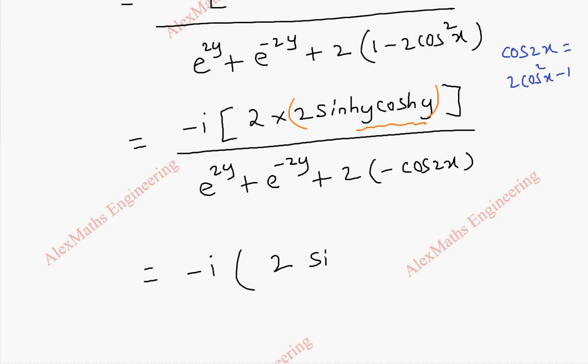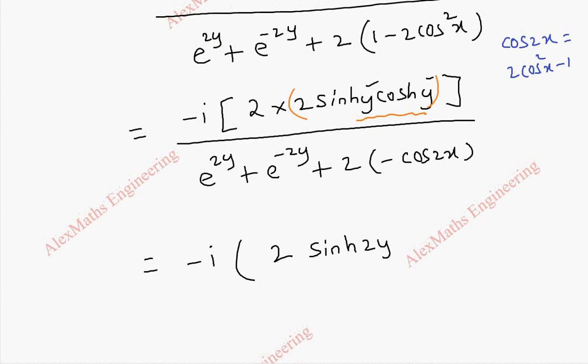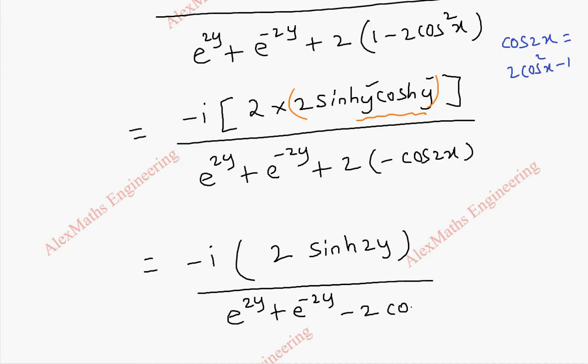After applying the formula, this is sinh 2y, because a is like y here. So it is sinh 2y whole division e power 2y plus e power minus 2y minus 2 cos 2x.